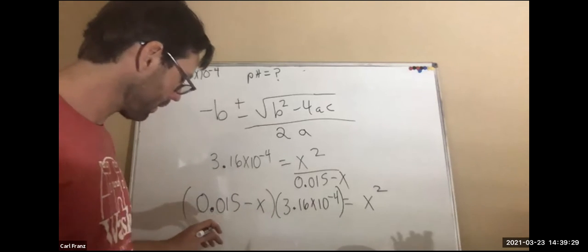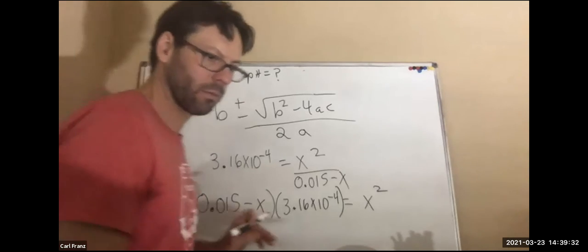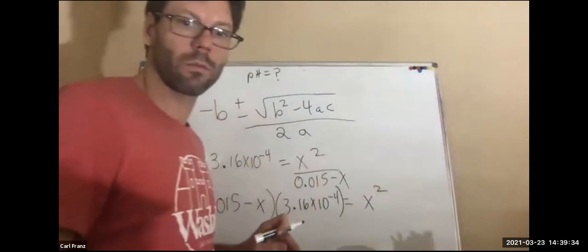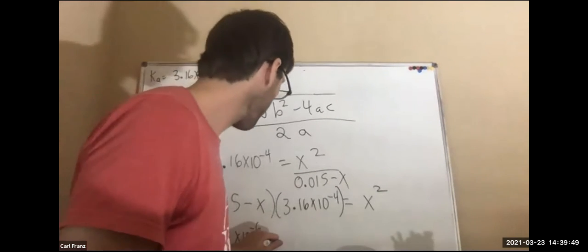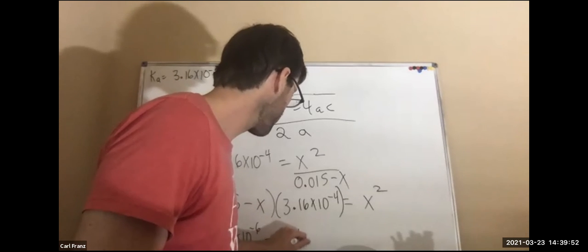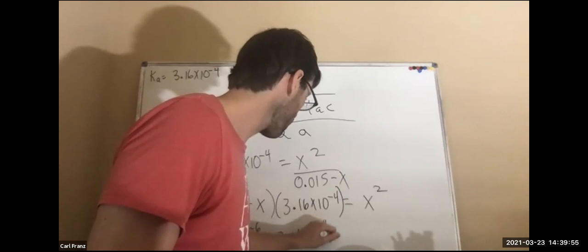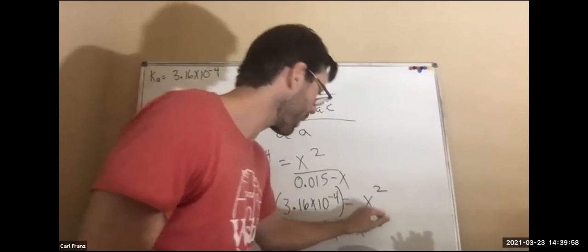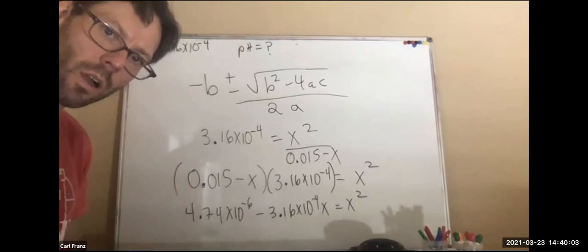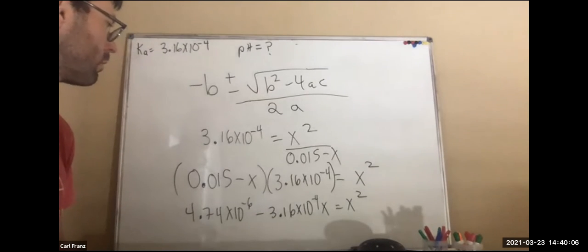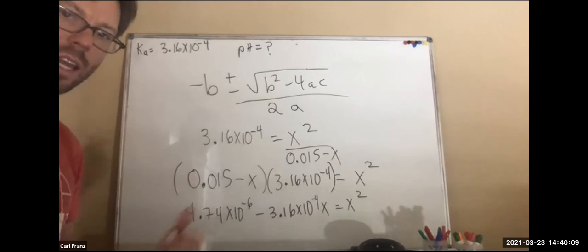What's that? 4.74 times 10 to the negative 6. And then minus 3.16 times 10 to the negative 4 x equals x squared. Did you guys get that so far? Okay. And then we set all that equal to 0.